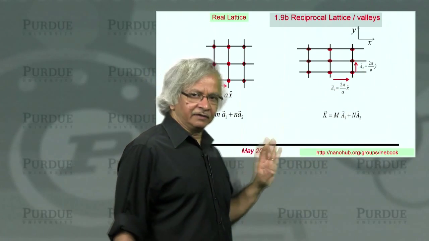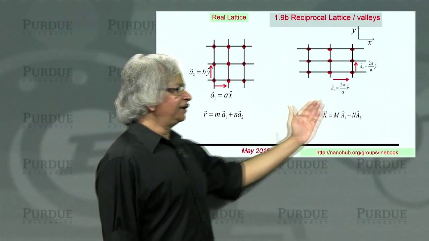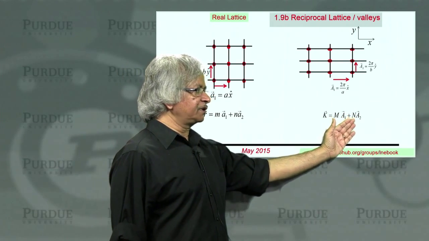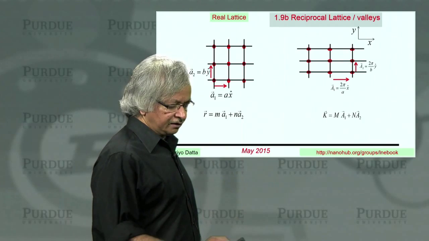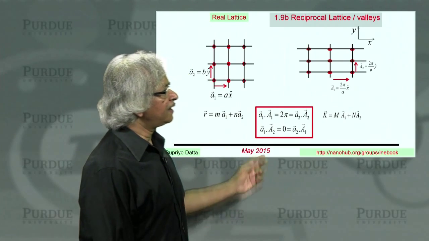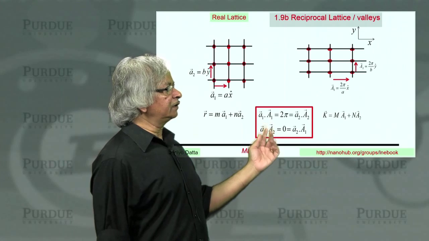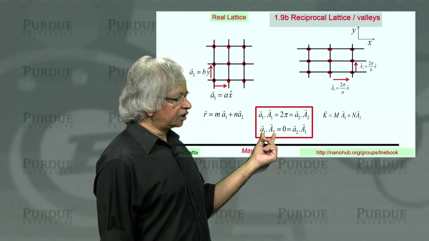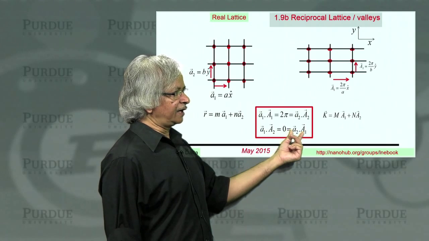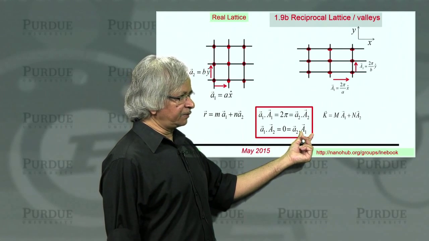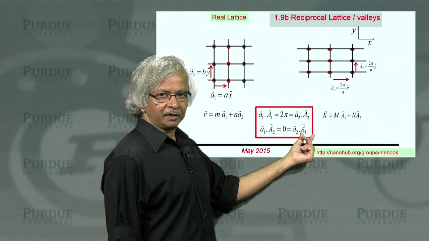Now, the defining relation between the basis vectors in reciprocal space and the basis vectors in real space is this one: small a1 should be orthogonal, or perpendicular, to big A2, and small a2 perpendicular to big A1.